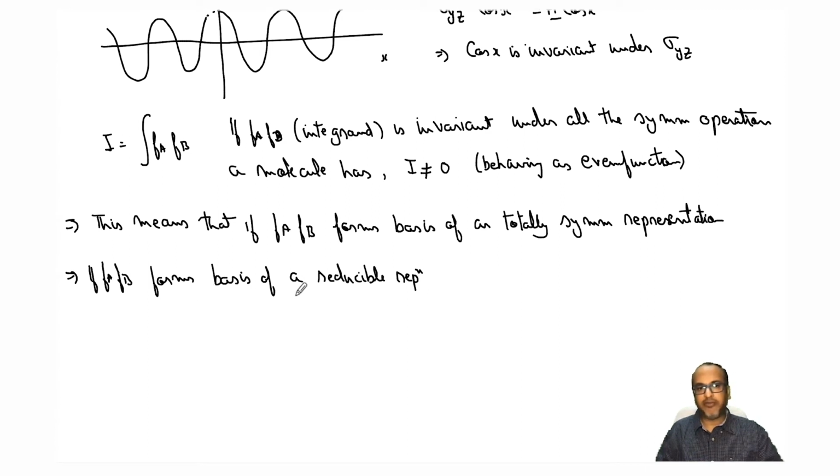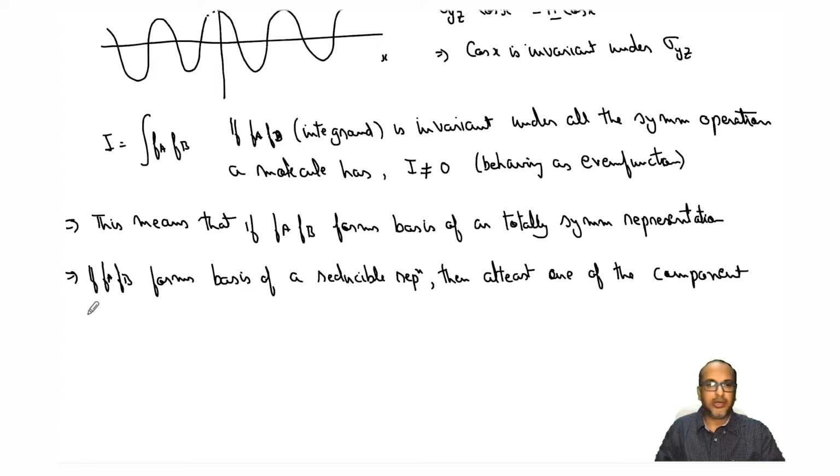So let's say if it forms the basis of a reducible representation, then at least one of the component irreducible representations must be the totally symmetric representation.